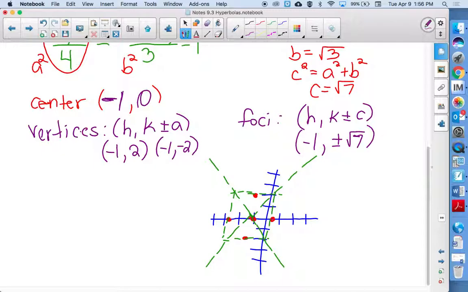So we have these 2 asymptotes going through the center and each corner of the box. When you go to graph your branch, you're taking your vertex and skimming along the asymptotes.